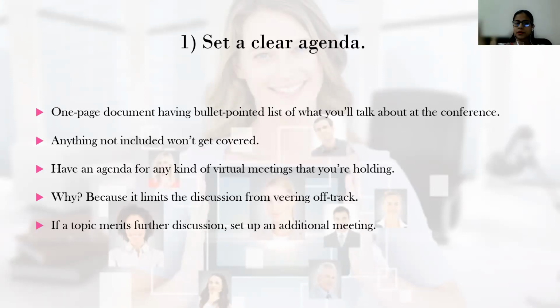Now, just forget about the virtual meeting. Just think about a normal meeting. Whenever there is a meeting, it is very important that we have a clear agenda of what is to be discussed, what the points of discussion are, how the meeting is going to start, and why we are conducting the meeting.